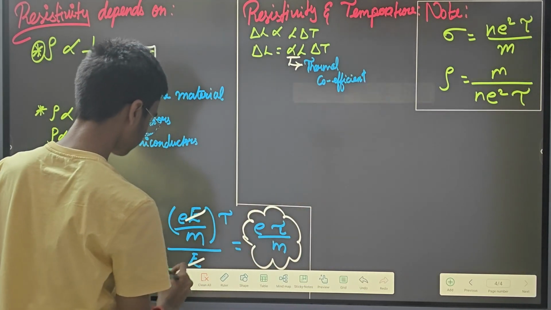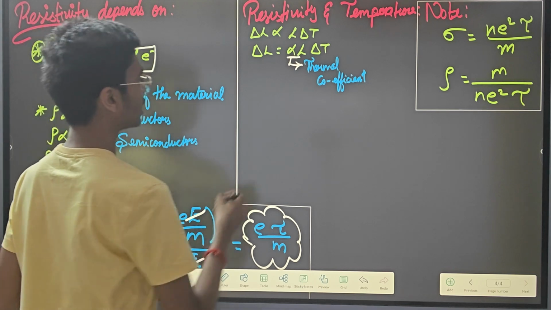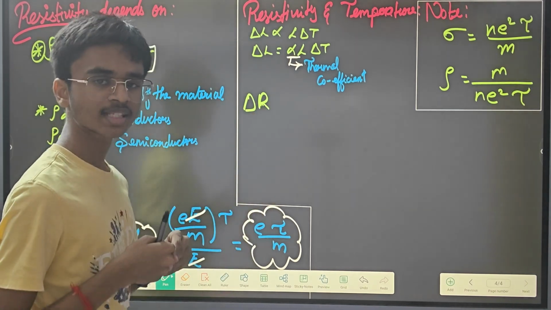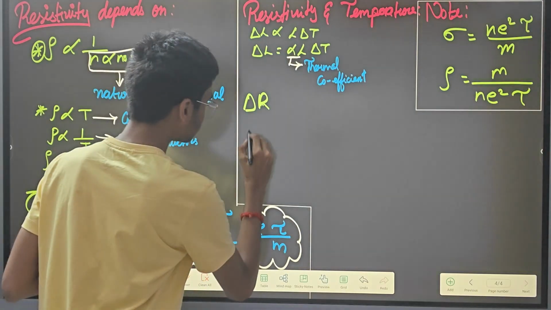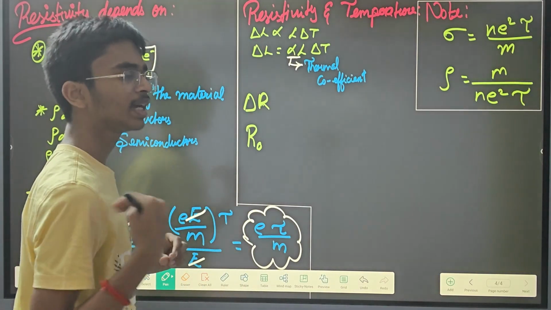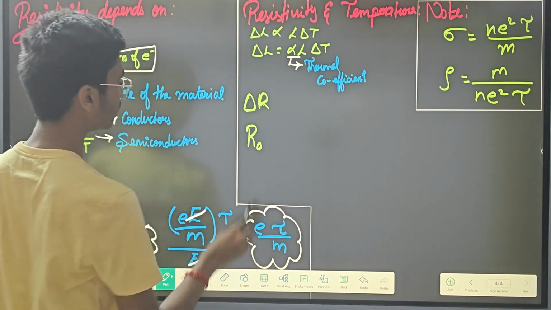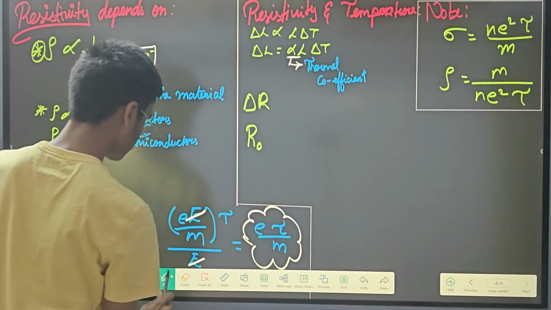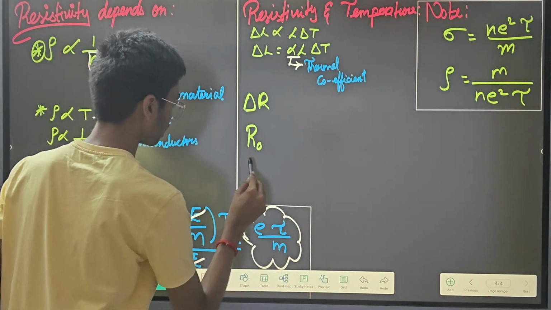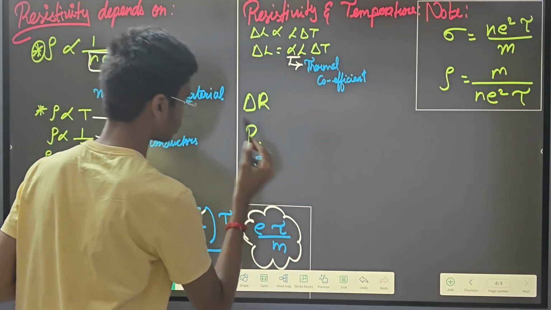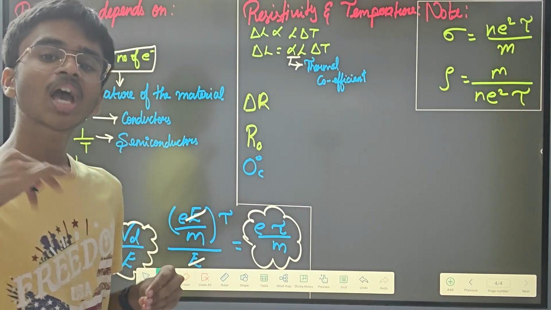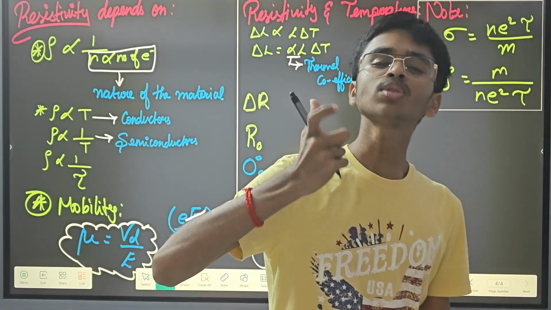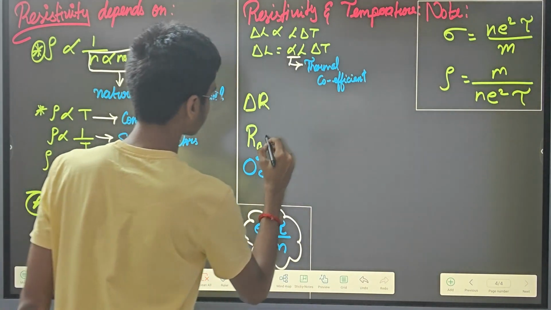Okay, coming back to the concept, that is change in resistivity. What does it mean? It means that there will be initially some resistivity for any conductor, and the initial resistivity should be taken at 0 degrees Celsius. Then you increase the temperature by some amount, and it will get a new resistivity.